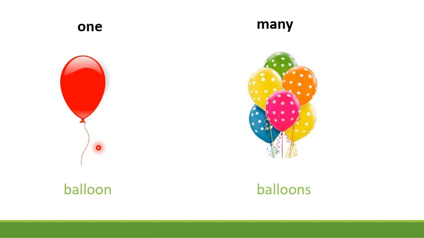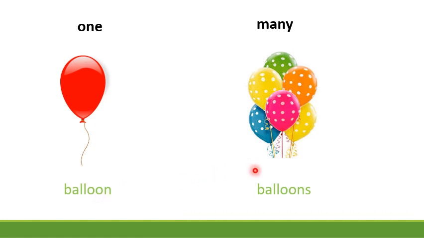Just see this. Here, what do you see? Yes, it's a balloon. And here, there are more than one balloon. Here, one, and here there are many balloons. You just see the spelling of the balloon. B-A-L-L-O-O-N. Balloon for one.